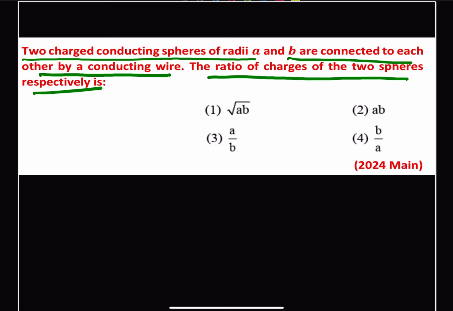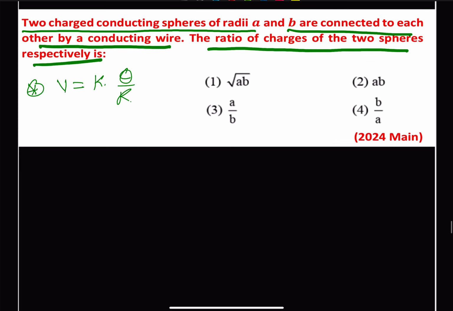We know the potential V is equal to K times Q upon R. So we have two charged conducting spheres.